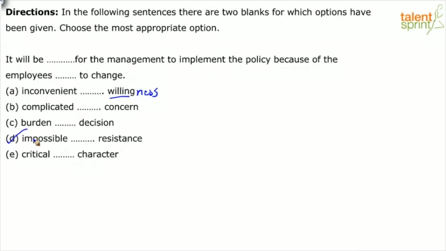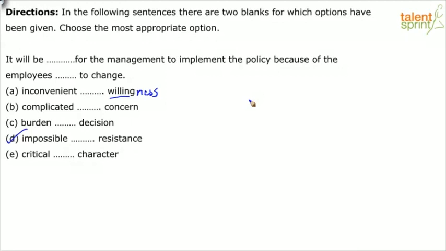Now, if you are not familiar with that, then you might end up choosing the wrong option. So that's why I keep saying, every time you learn a word, new and unfamiliar words, always understand what are the different forms in which that word appears in a context. It becomes easier for you to not only remember that word, retain it and recollect it at the time of the examination.